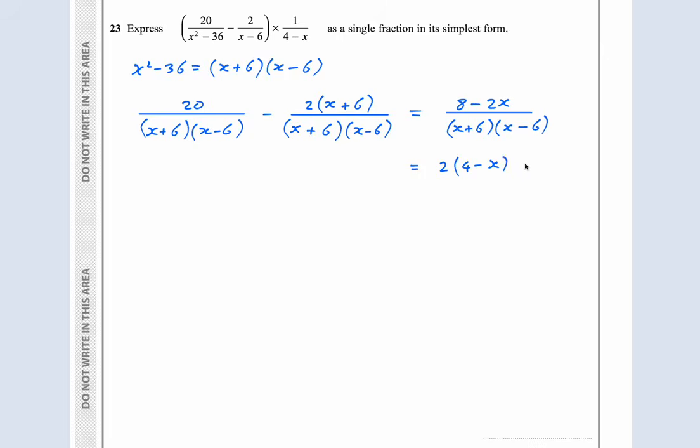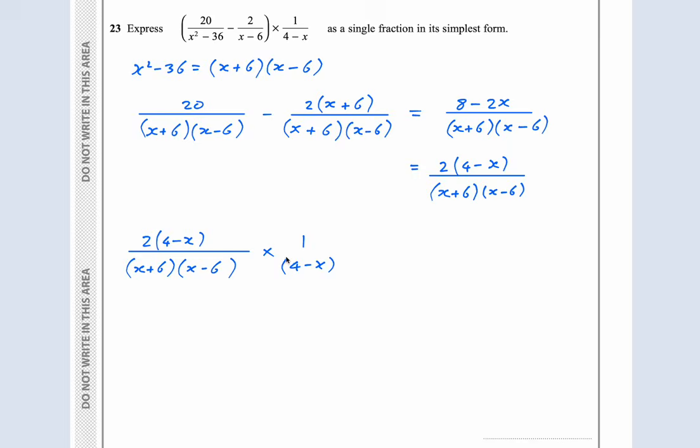So that's 8 minus 2x. And I should probably leave this here, x plus 6 times x minus 6. And then he wants to multiply it by this. So now we're going to do 2 times 4 minus x over x plus 6 times x minus 6, times 1 over 4 minus x.